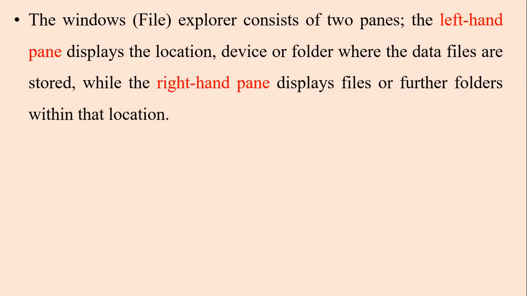Once you click on File Explorer, the File Explorer will consist of two panes, the left-hand pane and the right-hand pane. The left-hand pane normally displays the location, the device or folder where the data files are stored, while the right-hand side pane displays files or further folders within that location.